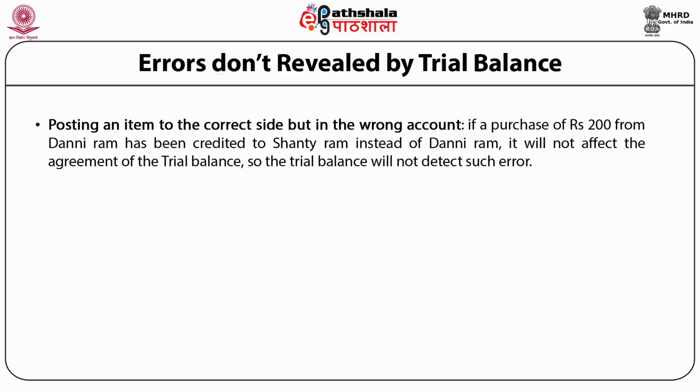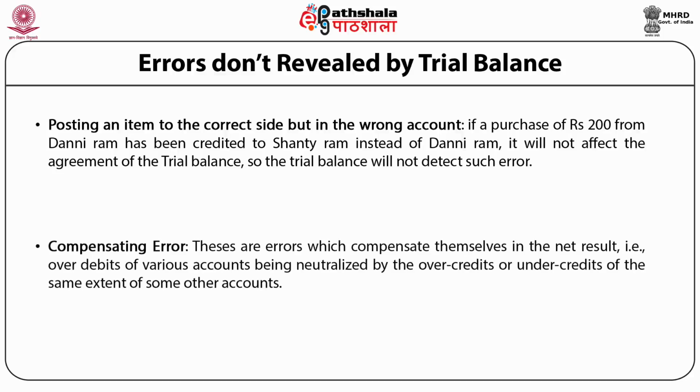For example, if a purchase of rupees 200 is made from Dhani Ram, then this amount should be credited to Dhani Ram's account, but this amount has been credited to Santi Ram instead of Dhani Ram. It will not affect agreement of the trial balance because the account will be credited by 200, and so the trial balance will not detect such an error.